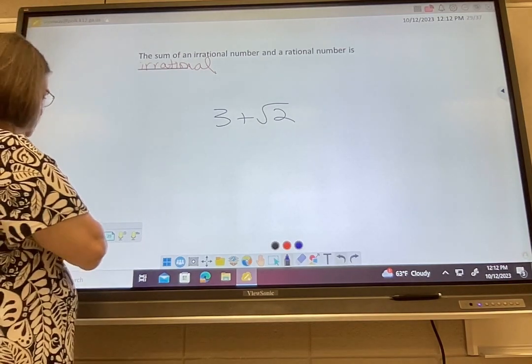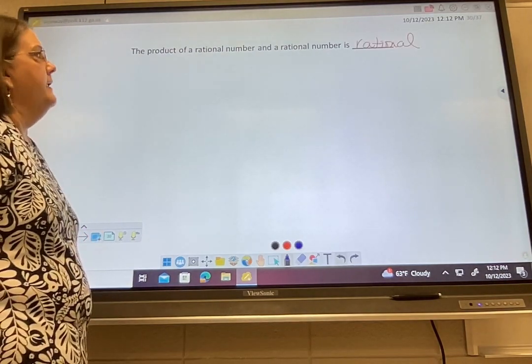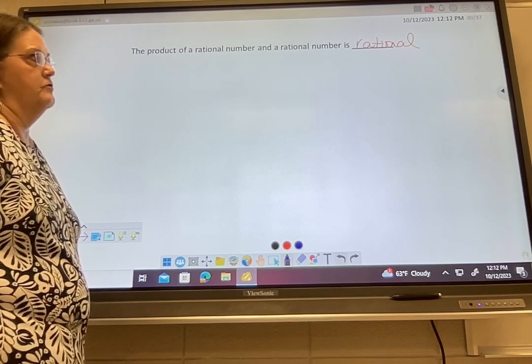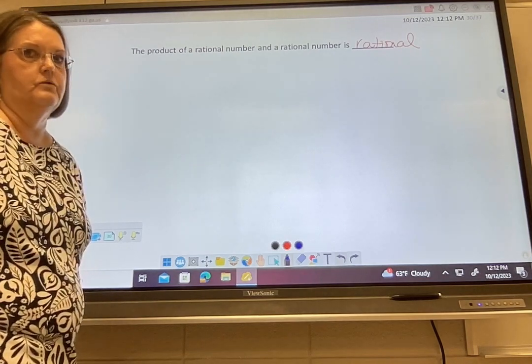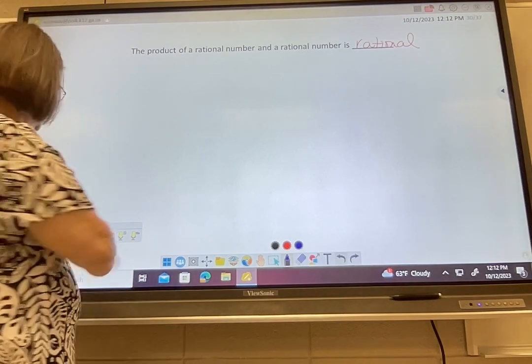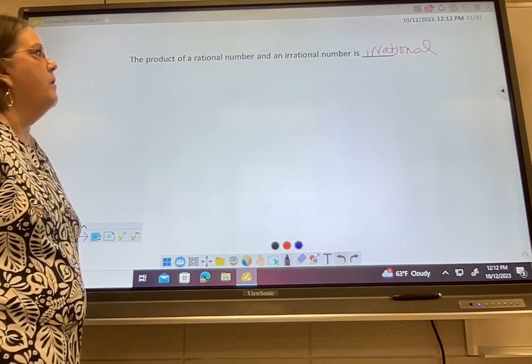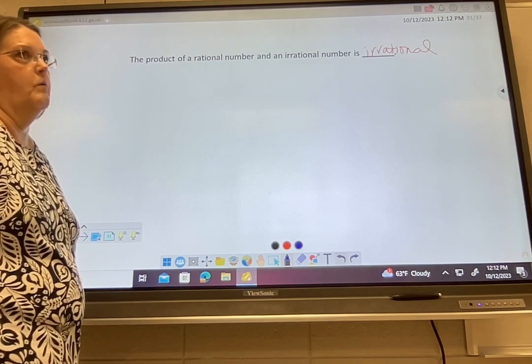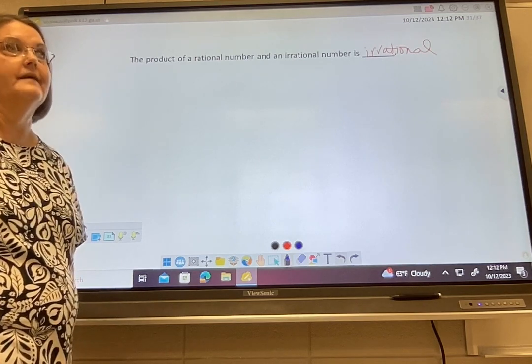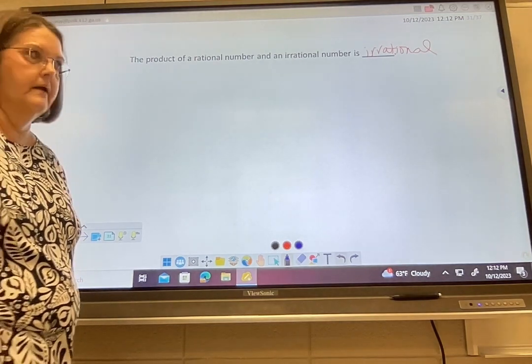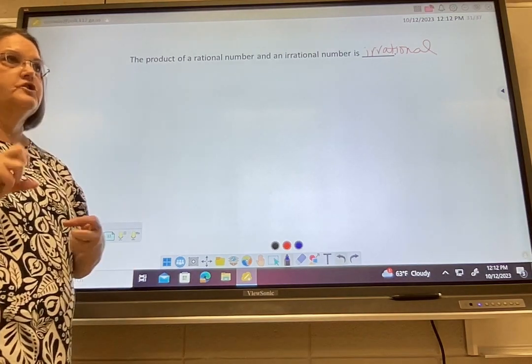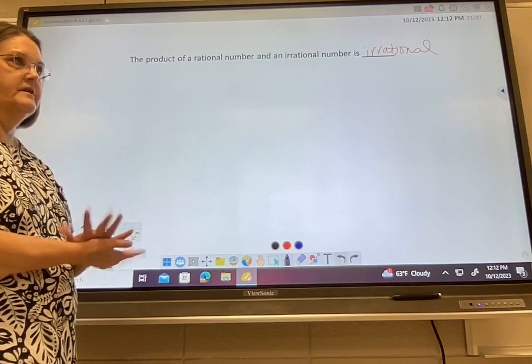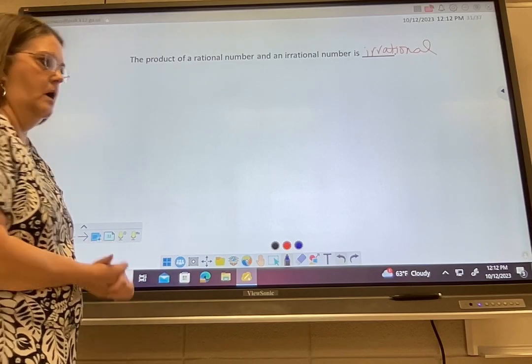The sum is. The product of a rational number and a rational number is always rational. It will never be irrational. The product of a rational number and an irrational number is always irrational. It's the same sort of thing. It's the trump card. So if I have a rational with an irrational, it will always be irrational, no matter what.